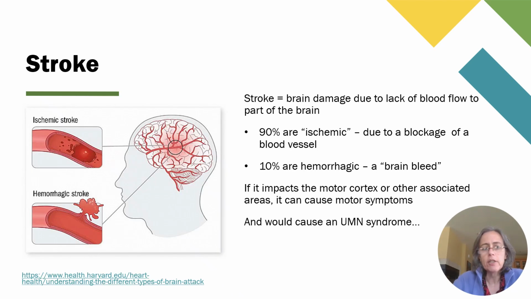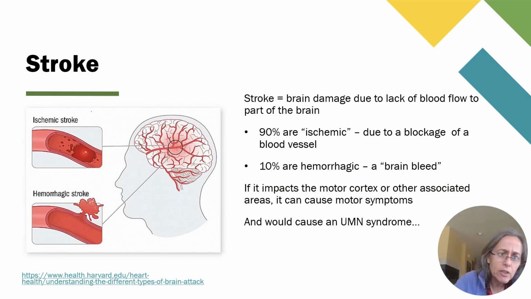The second condition that we're going to talk about is stroke. So a stroke is damage to neurons of the brain, usually due to lack of blood flow from one of two main reasons. Most of them are what we call ischemic. There's been some type of a blockage in the blood vessel.